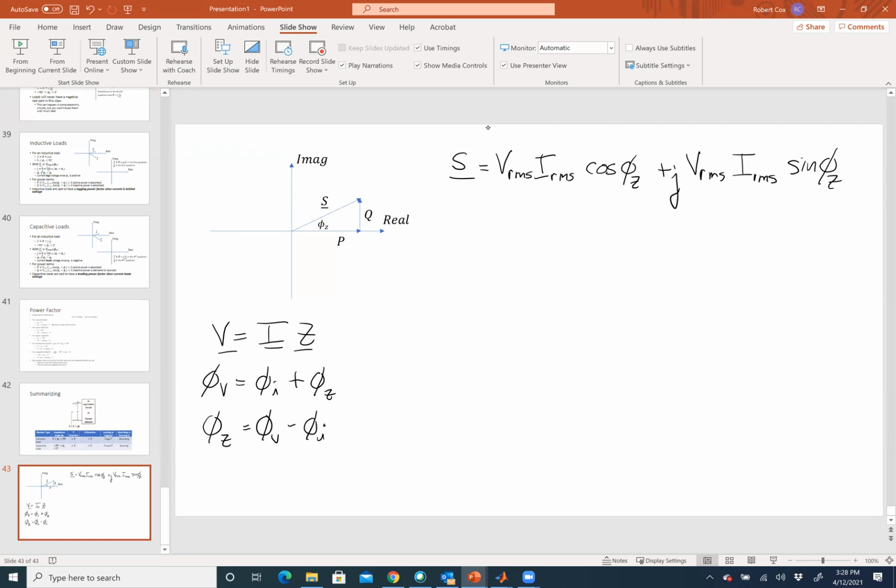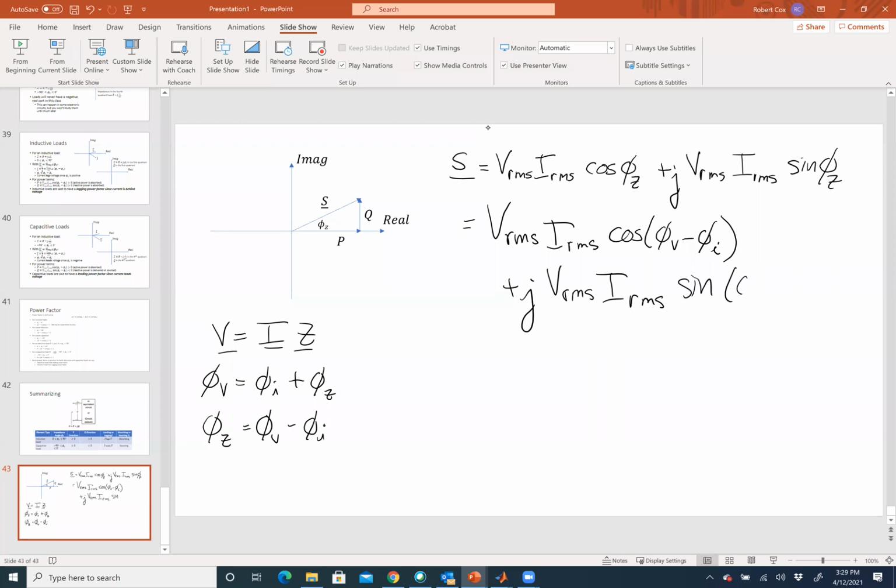The way we originally came into this, we said this is VRMS IRMS cosine of phi V minus phi I, plus j times VRMS IRMS times sine of phi V minus phi I, like that.